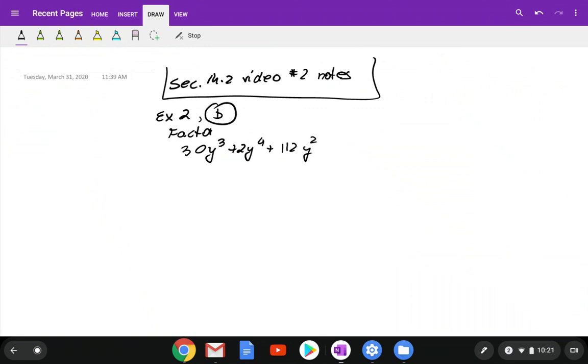In this example, first what you need to do, and you will need to do that all the time when you see an exponent higher than 2, is factor out the greatest common factor, GCF.